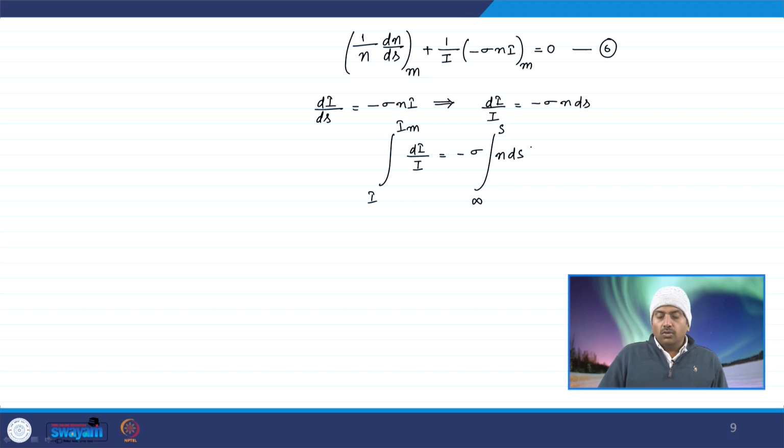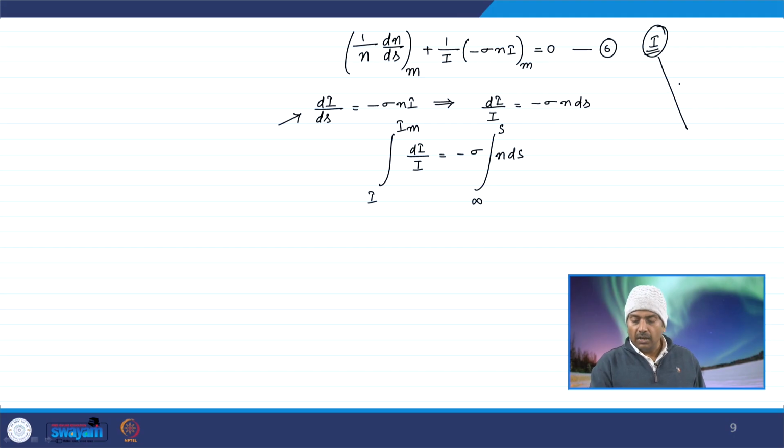Okay, why did I choose the integration limits like this? See, I have this expression dI by ds, which is telling how the intensity changes with respect to the oblique distance. So, the intensity is somewhere at the beginning I, to begin with the initial intensity. By the time it travels an oblique distance of s, at this distance q is maximum, or to indicate this maximum production rate we write q is qm.